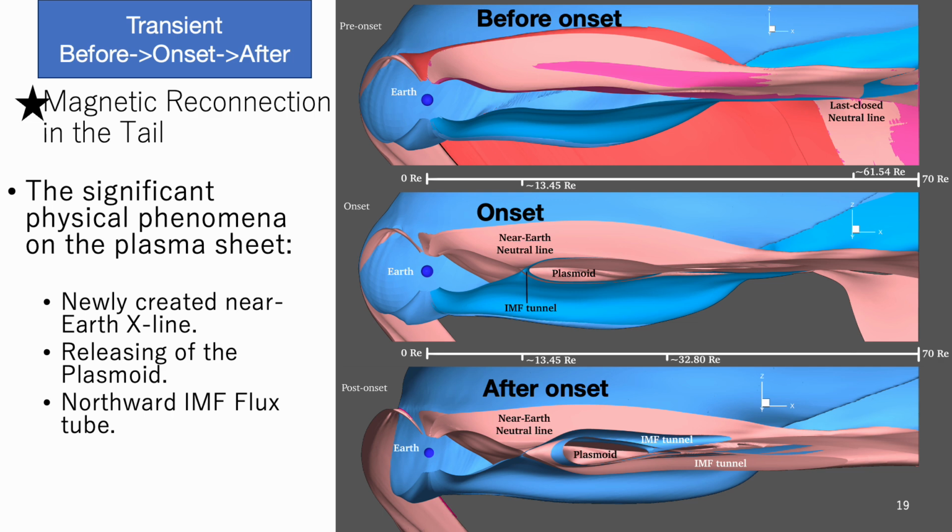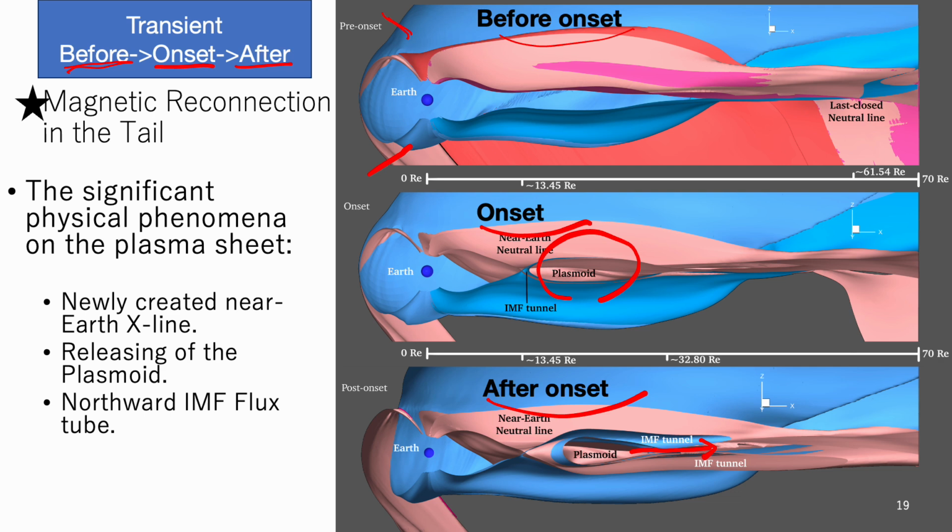Next we are going to show the topology just before the onset, at the onset, and after the onset. These blue lines, this blue surface, and the pink surface are separatrix magnetic surfaces from the A null and B null.